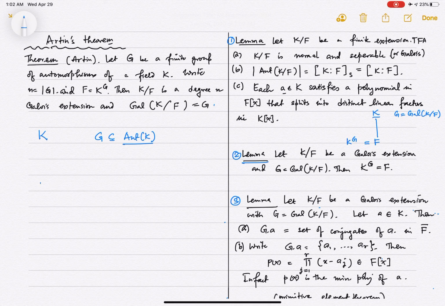Then let's look at the fixed field K^G, all elements of capital K that are fixed by every element of G. This is a subfield of capital K, so K becomes an extension of it. The conclusion of the theorem is that this extension is Galois, and its Galois group is the group G that you started with. So if you call the order of the group G n, then this extension has degree n. And I'm going to call K^G by the name F.